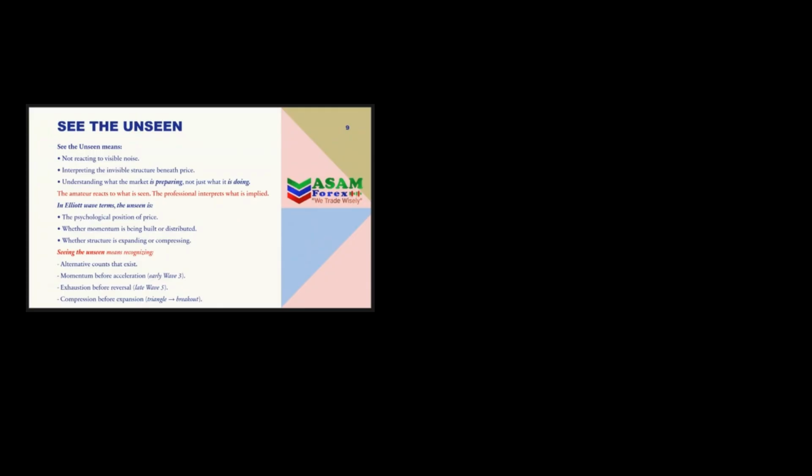Okay, so from an image, when we are talking about see the unseen, if someone interprets that market by understanding only a single formation, they will believe in that. But the image has a hidden meaning.